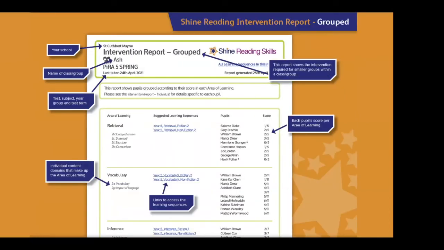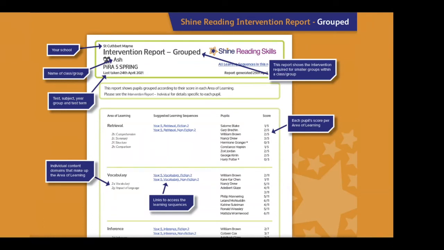If you're doing an intervention report for a group, again, it makes life really easy for you as a teacher. It means that you can identify out of your whole class who needs the same intervention. So you can group children together really easily to put them into a group for intervention and give them the learning sequences that are highlighted as needed. So in here, you can see that all of these children have scored below where they should have by enough to highlight that an intervention is needed.